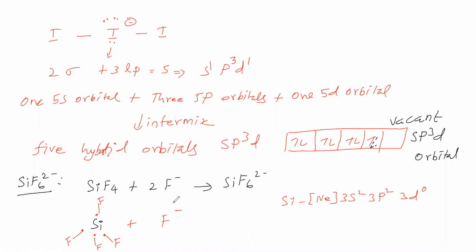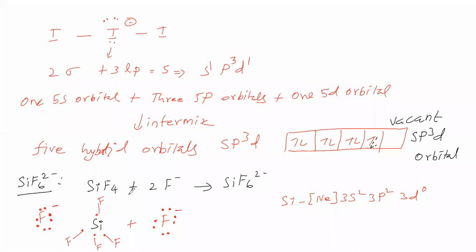This F minus comes under the 7th A group. Therefore, its valence shell is having 7 electrons. Because of the minus, one additional electron we have to give. Therefore, totally 8 electrons. F minus is having 8 electrons, this side also, and this side also.